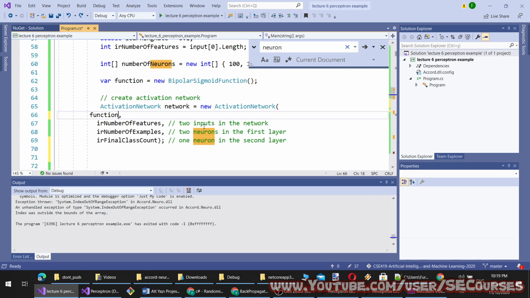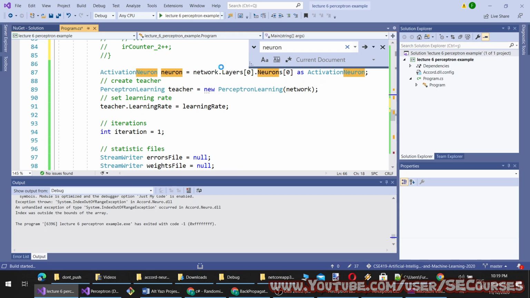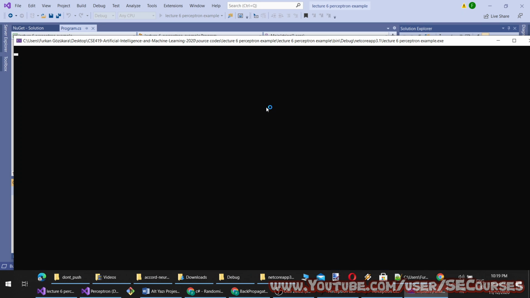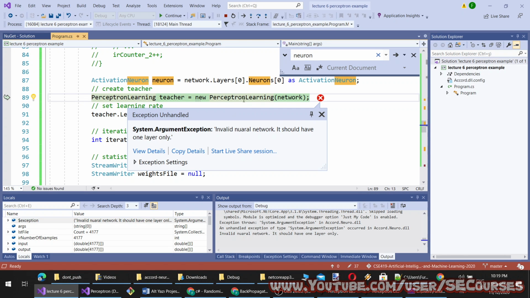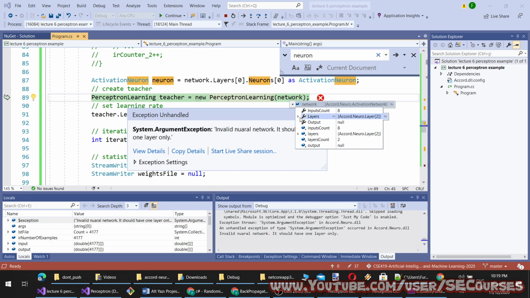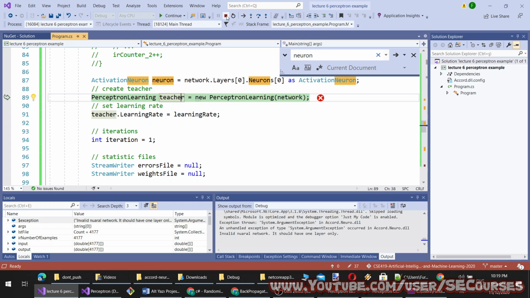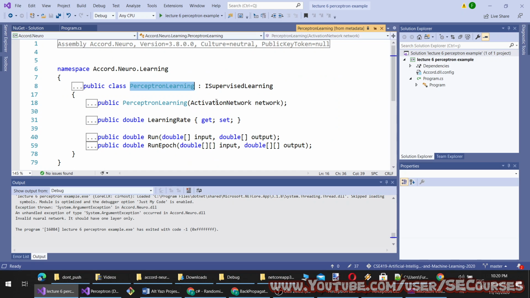Let's try this function. Manipulate. We need to find the perceptron. Accord neural learning, perceptron learning. Let's find this class from GitHub.